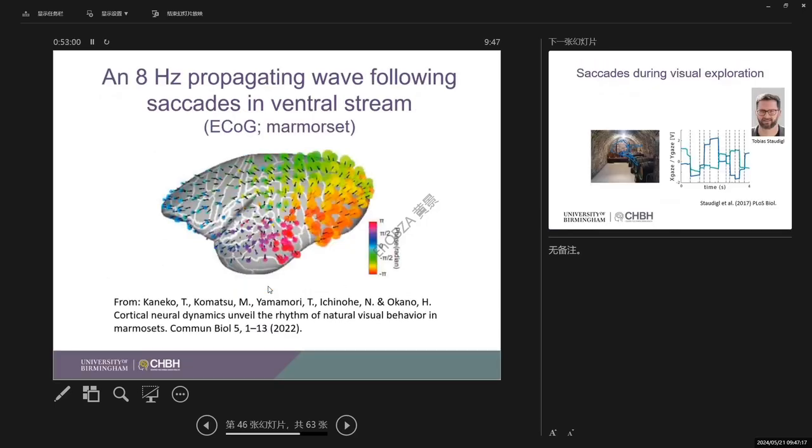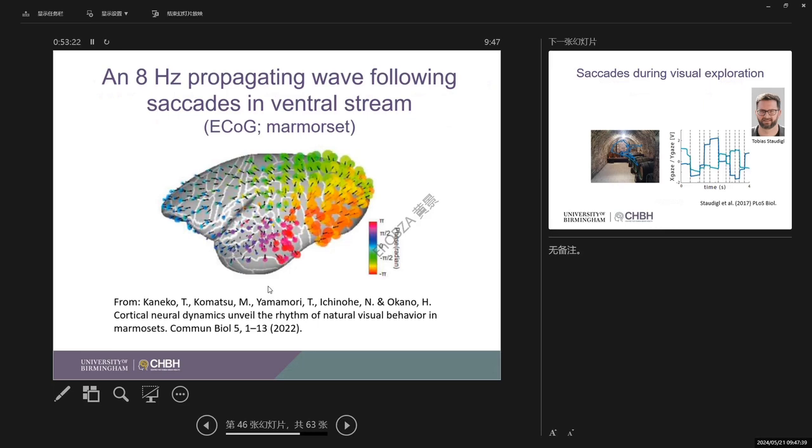Before that, I'll just show you a study that we're quite excited about, done by ECoG recordings in the marmoset monkey. Basically, what you see here is a traveling wave. This wave is elicited by saccades. This wave is at 8 hertz, so in the alpha band.